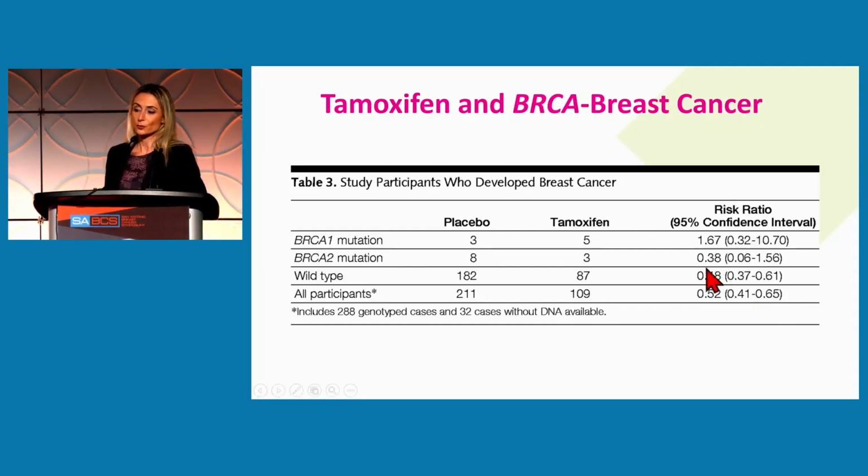When we look at the risk ratios for those in the tamoxifen versus placebo arms, there was the suggestion of reduced risk for women with the BRCA2 mutation, but not significant, and perhaps even an increased risk in women with the BRCA1 mutation. So from a patient perspective, it's not very convincing that tamoxifen may even prevent their disease.